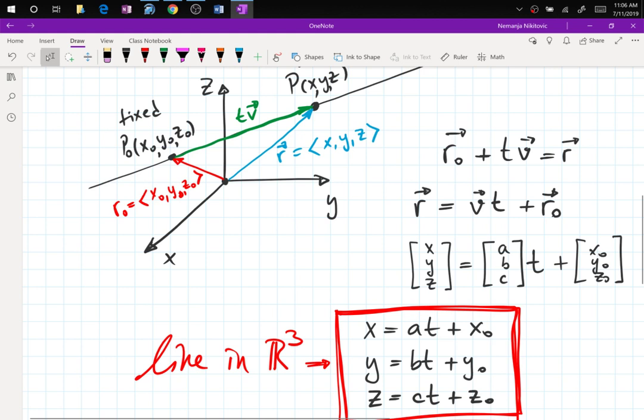And it gives the direction, and we can always find that vector v by subtracting the two points P0 and P to come up with the right location.